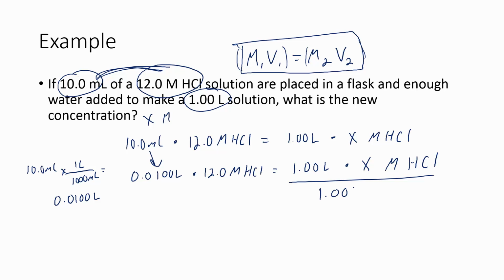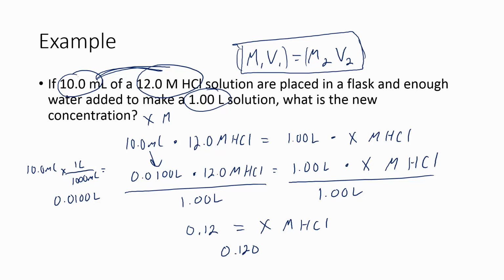So solve for X. 0.01 times 12 divided by 1 is 0.12, and that's equal to the molarity of hydrochloric acid I have at the end of this process. So I have 0.120 molar hydrochloric acid after this dilution.